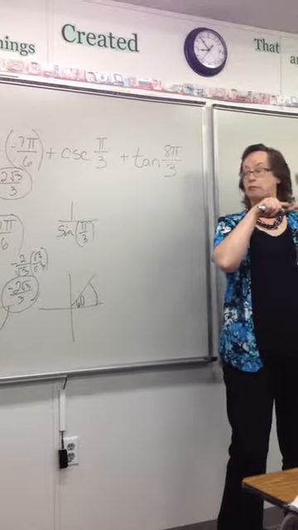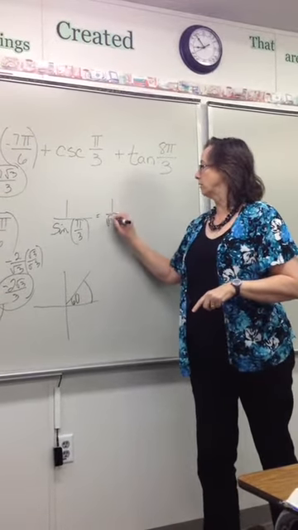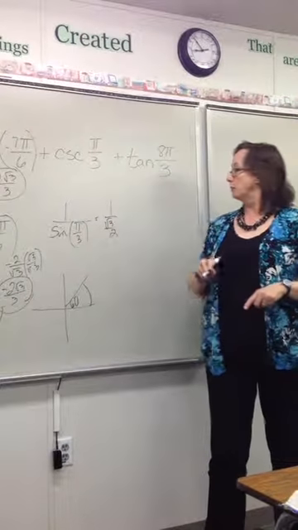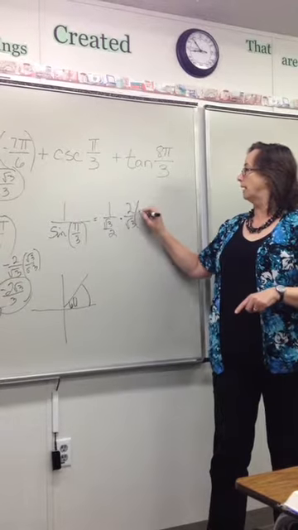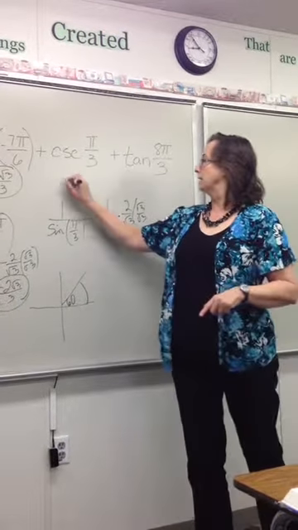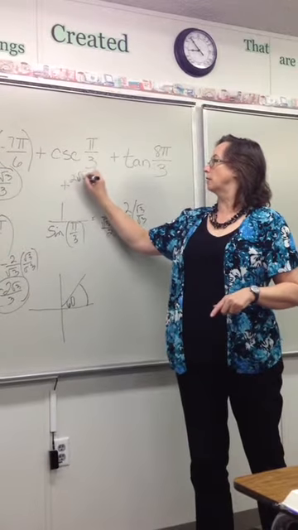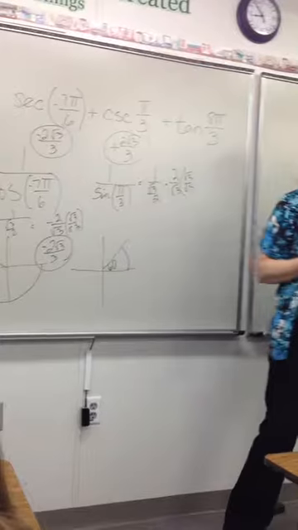So it's going to be 1 over the square root of 3 over 2. So that when I flip it, it's going to be 2 over the square root of 3, or 2 square root of 3 over 3. And it's going to be plus 2 square root of 3 over 3. Well, those two are going to cancel each other out, aren't they?